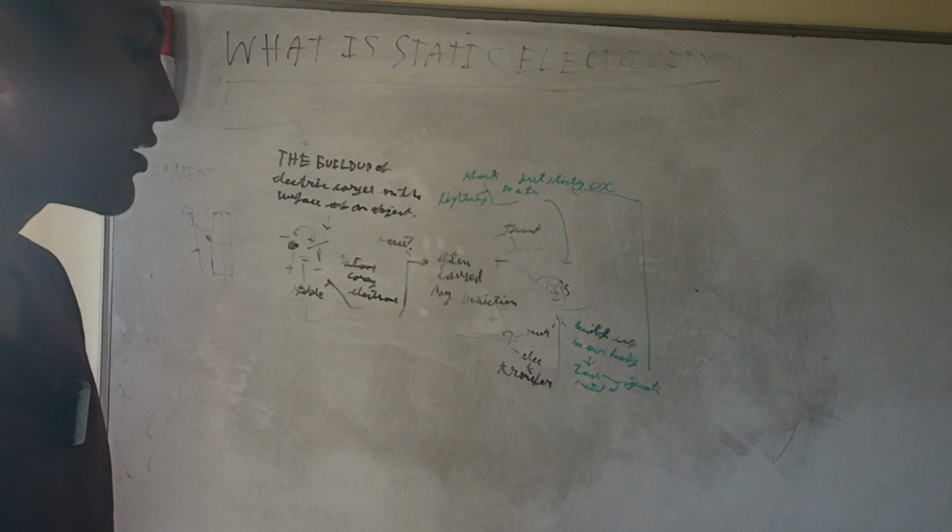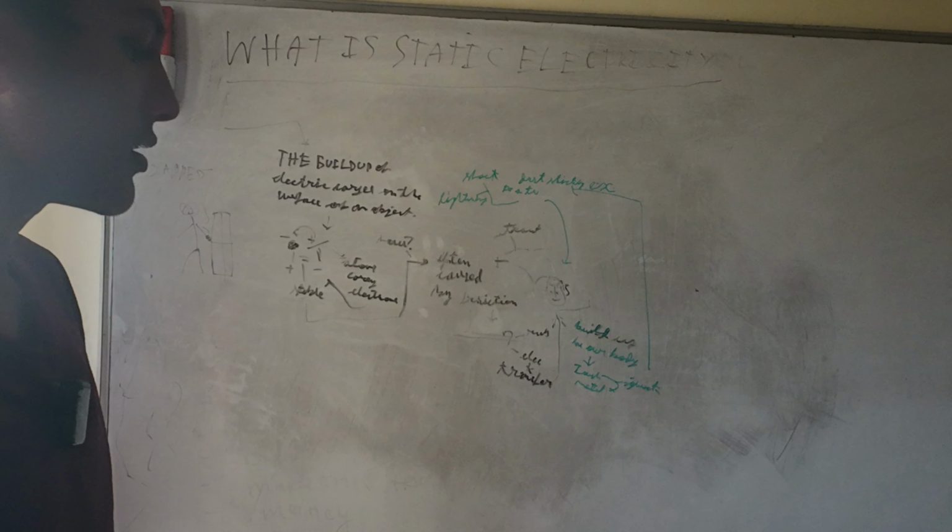So when two objects rub against each other, due to friction, the electrons move from one object to another. So that's why friction is often the cause of static electricity.